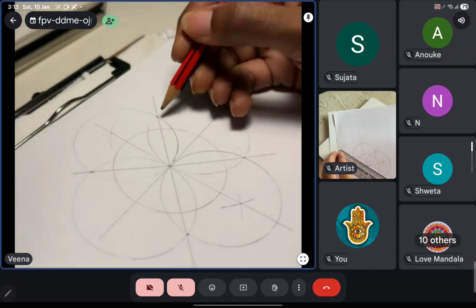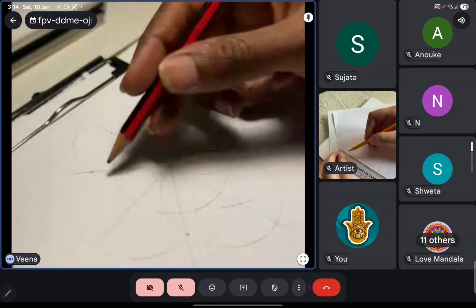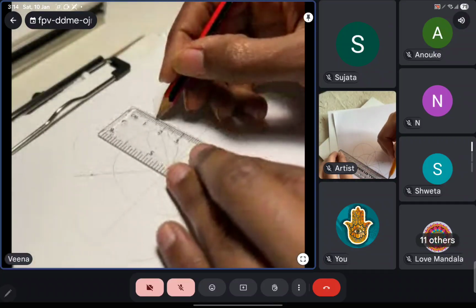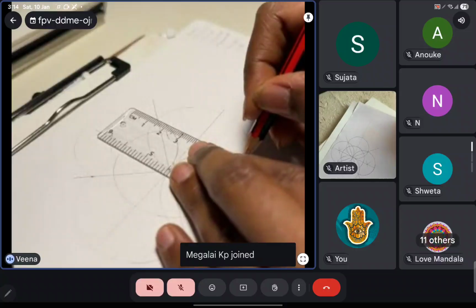And then we're going to join this way. So that way we get our square.